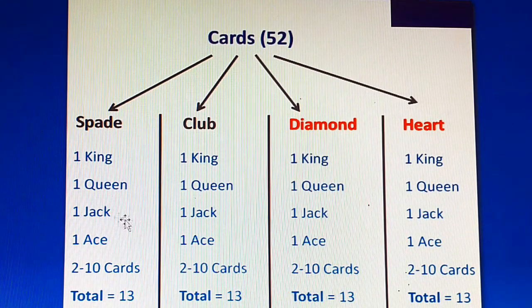Students, the king, queen, and jacks are called face cards, which have a face on them. You can make a note of it.